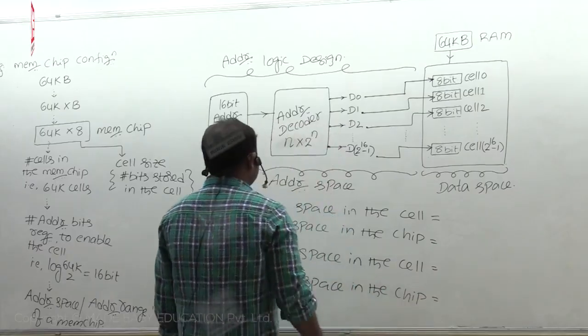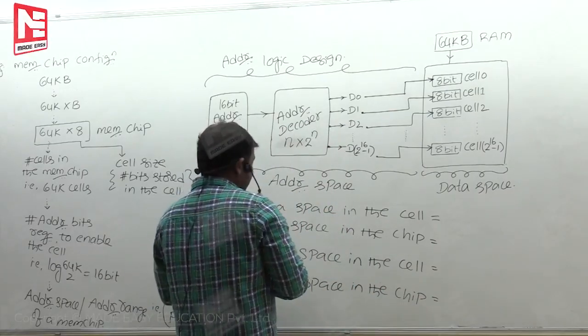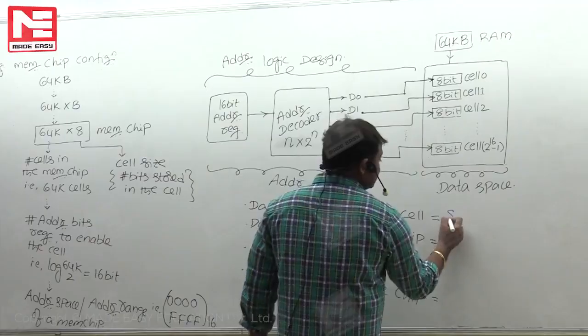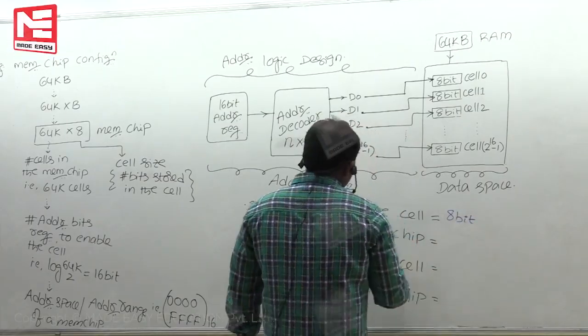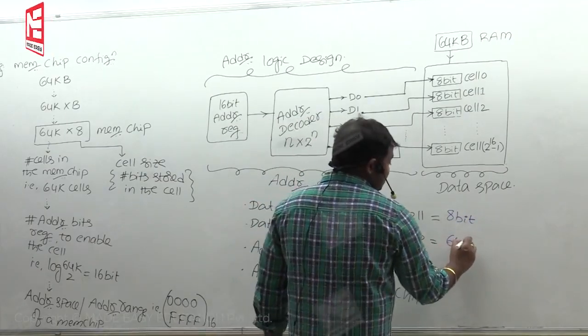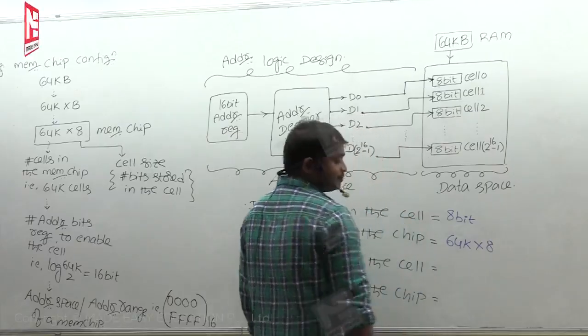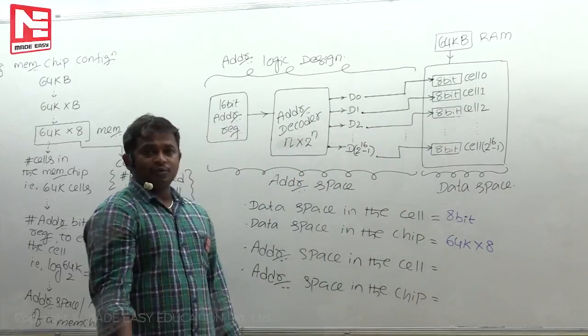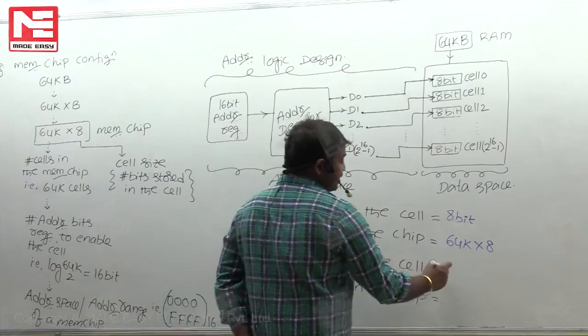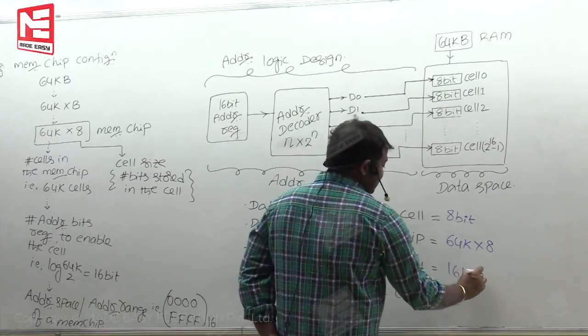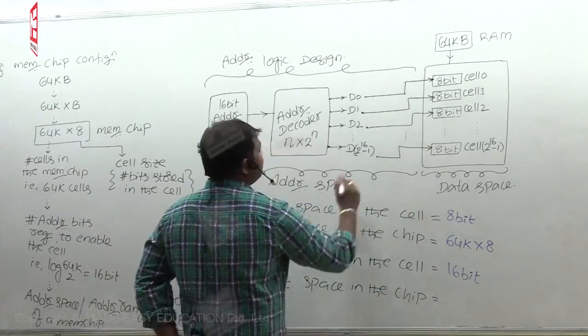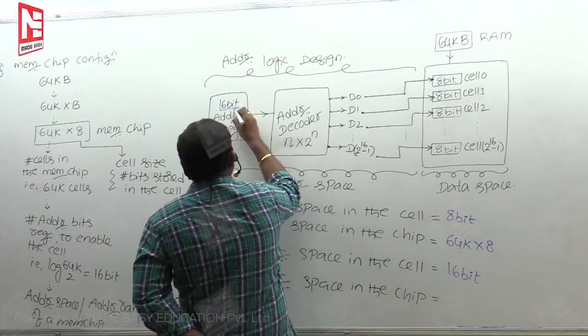Right? Now observe, data space in the cell. In every cell, 8-bit storage space is present. Data space in the chip, 64K by 8. That much space is there to hold the data. Now address space in the cell, 16-bit address, right? Every cell is addressable by a 16-bit address.